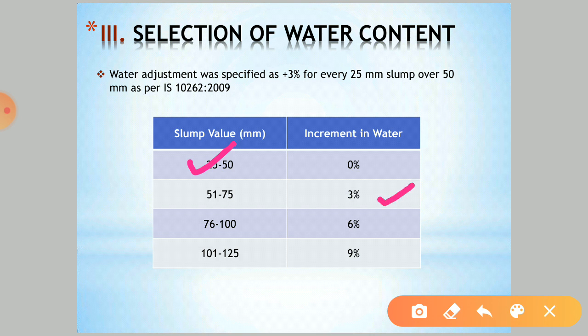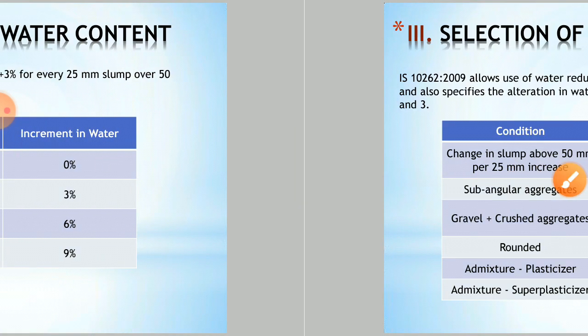Again for 76 to 100, 6%. Again for 101 to 125, 9%. It is specified that there is a 3% increase for every 25 mm slump over 50 mm. Means for each increase of slump value above 50, you have to add an extra 3% of water. This is the important step or important clause.